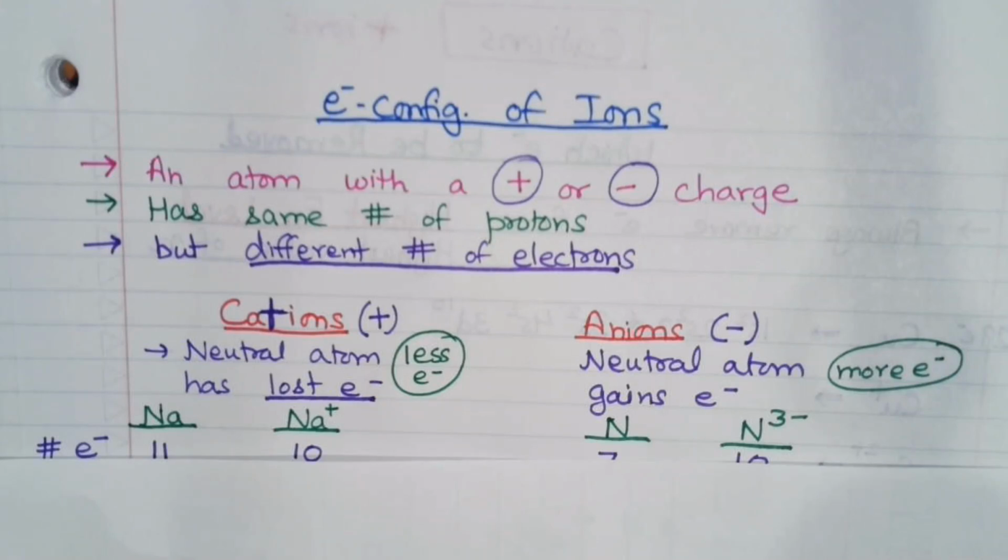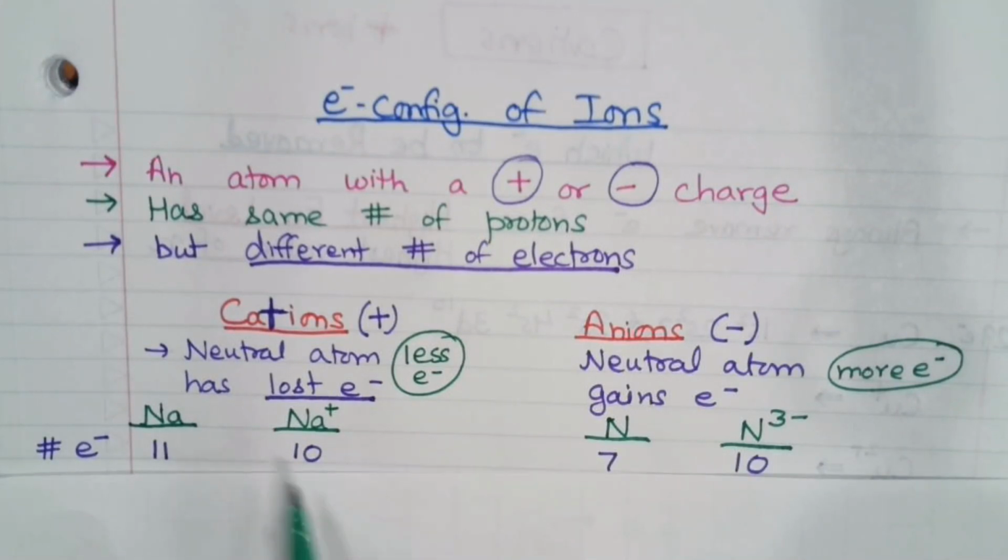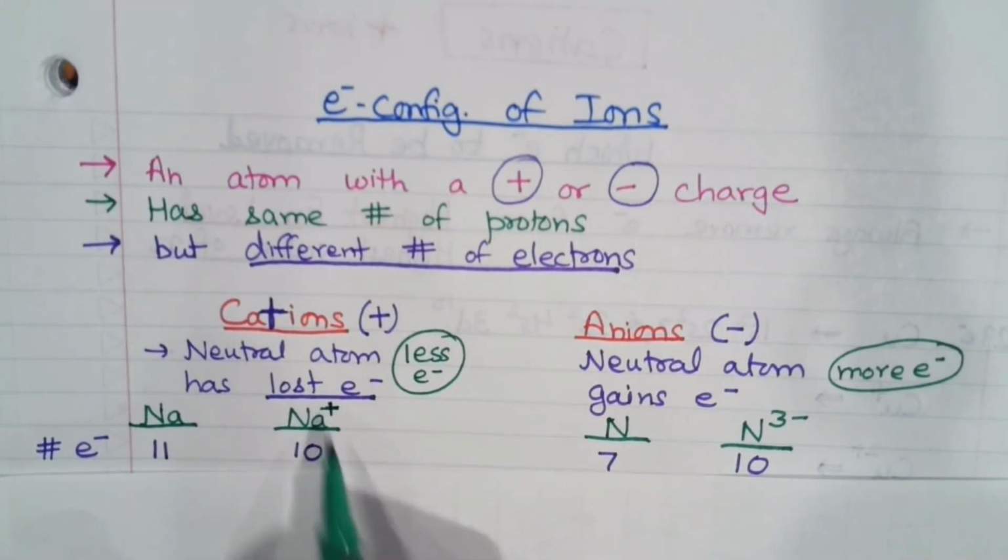Example: a sodium neutral atom has 11 electrons because its atomic number is 11. But the sodium ion, which is a cation with a positive charge, has 1 less electron. That is why there is a charge of 1+. So it has 10 electrons.